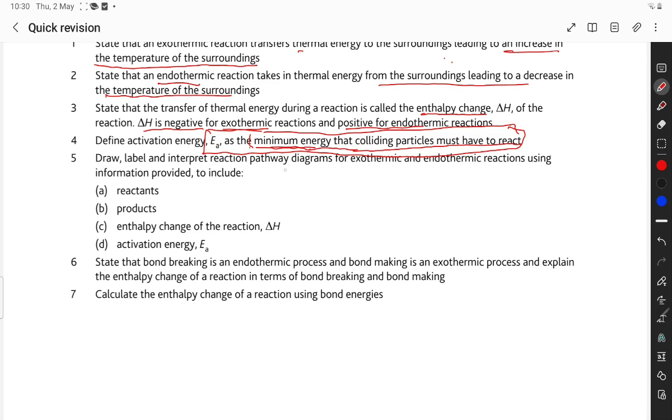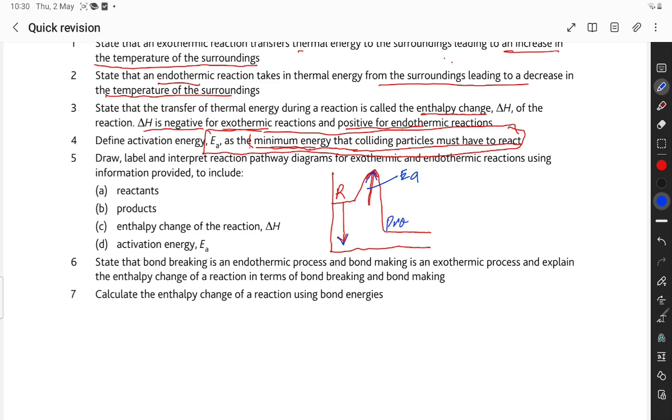Draw, label and interpret reaction pathway diagrams for exothermic and endothermic reactions. This is the exothermic diagram. This is the enthalpy change, this is the activation energy, from reactant, with the arrowhead towards the product.